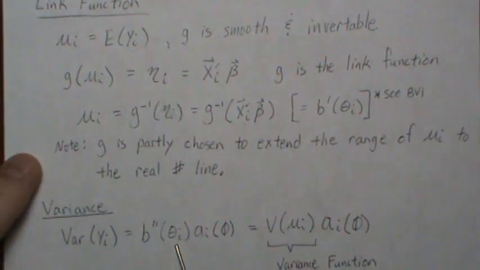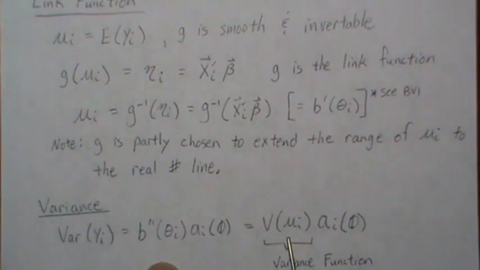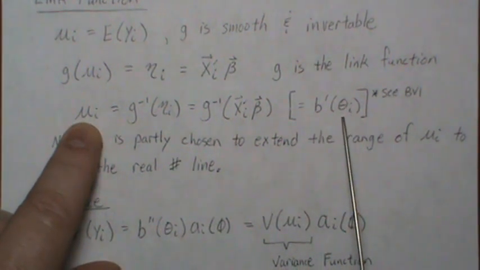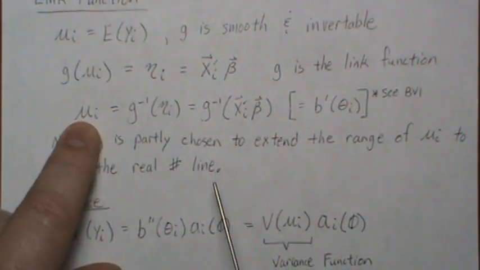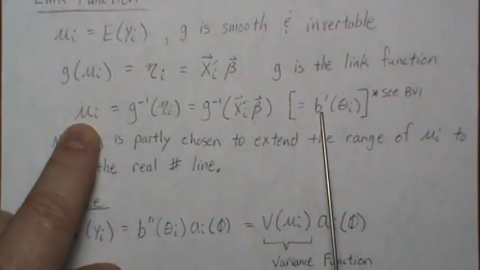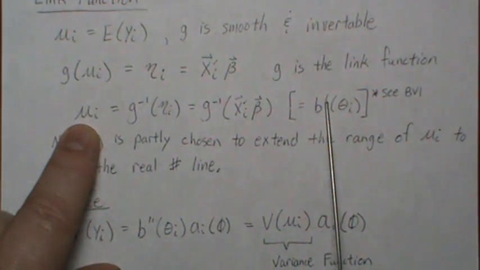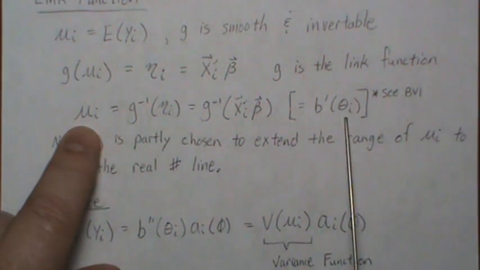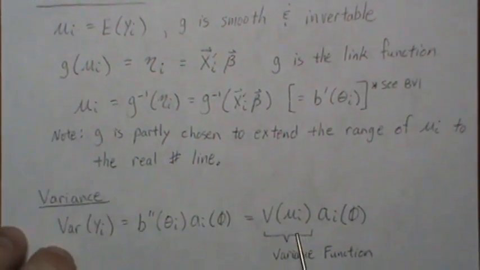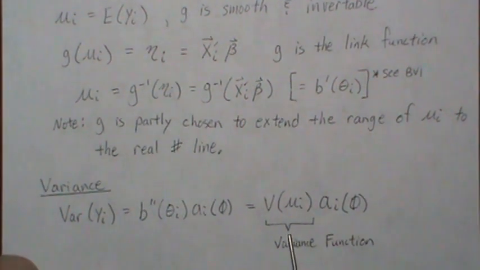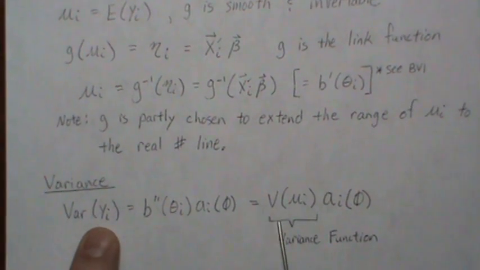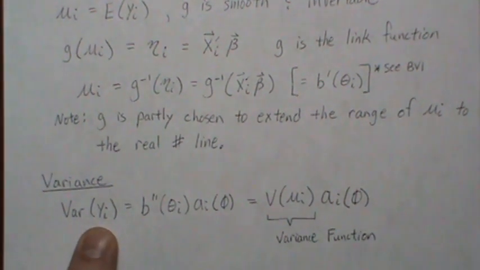Now it makes sense that this is a function of our mean, because the mean can be solved back for theta. Theta i is here, but the first derivative of the log partition is invertible, so we can write theta i in terms of mu i and put it in here, and then we get functions in terms of mu i. And that's actually one of the assumptions about using generalized link functions, that the variance of our data is a function of the mean.